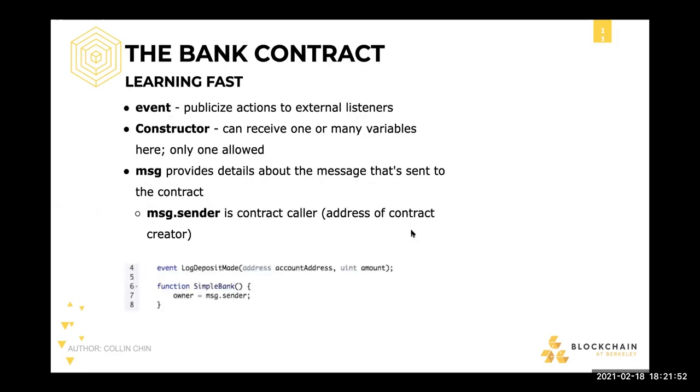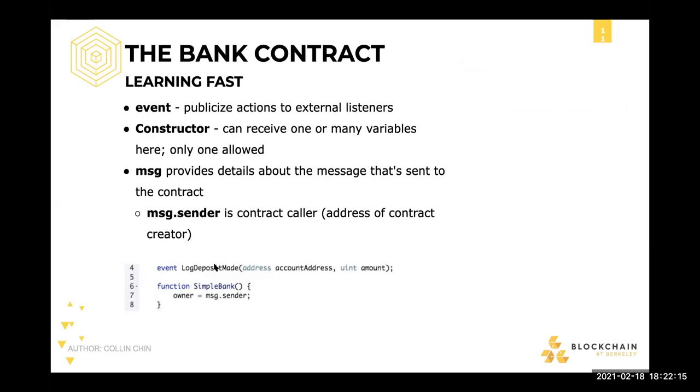So then let's talk about an event. An event is something unique to Solidity, which publishes an action to external listeners. So you call an event if you want people outside the contract to know what's going on. And then we also have something called a constructor, which could receive one or many variables.